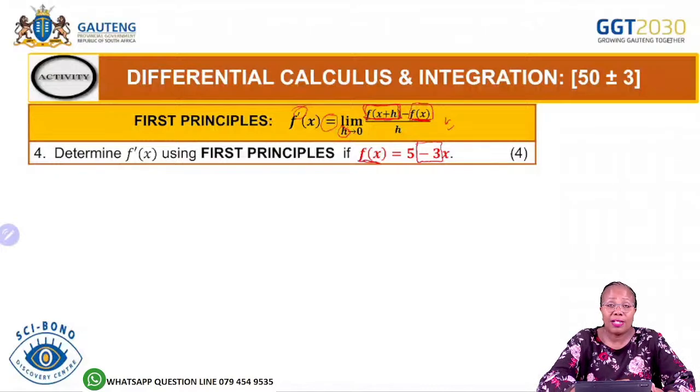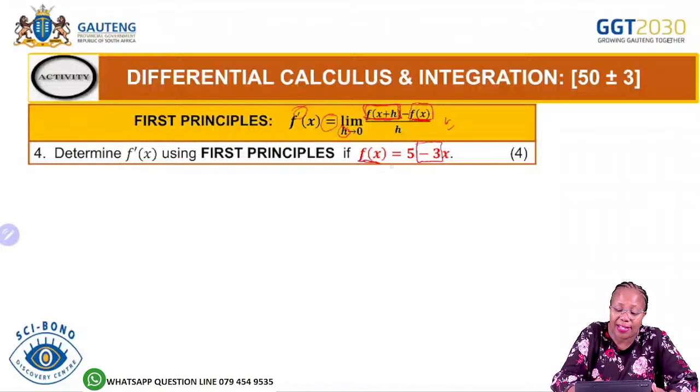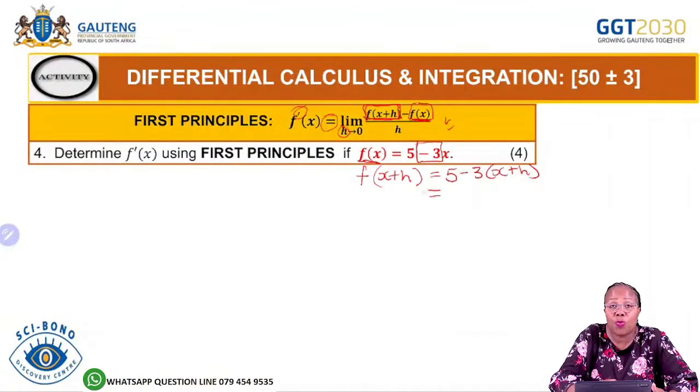But now we start by looking at f at x plus h. So out of this f at x formula, we are going to substitute our x by x plus h. Wherever we see an x, we will put an x plus h into a bracket, grade 12. And then can you see now you need to multiply or distribute minus 3 into the bracket. Then we are going to do exactly that. That will be f at x plus h.